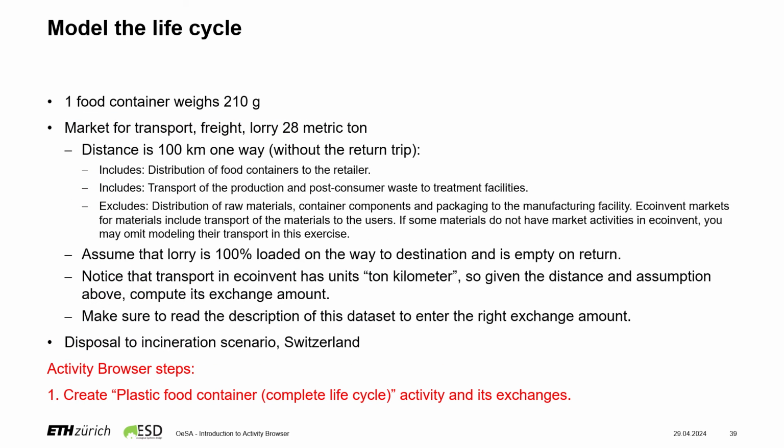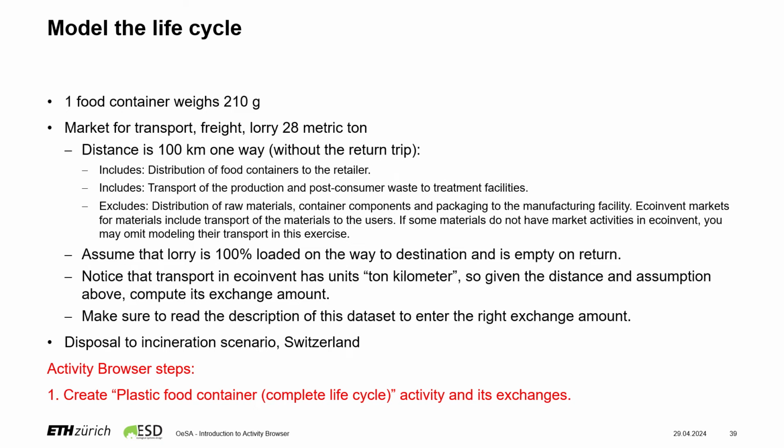After that, you would have to model the whole life cycle. You would have to keep in mind that one container weighs 210 grams, and you would have to model the transport as well. We say here that the overall total distance is 100 kilometers, and we assume that your transport is loaded 100% one way and is empty on return.